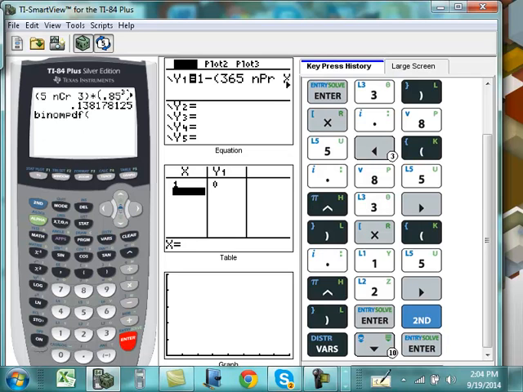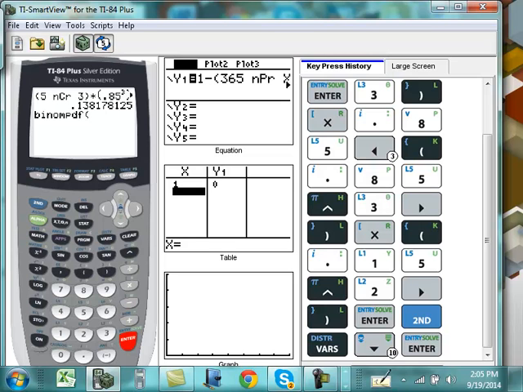By the way, PDF stands for probability distribution function. If you were to go down one more, you'd see the CDF function, the binomial CDF. We'll use that here in a minute, but for this calculation you want the PDF function, binomial PDF.